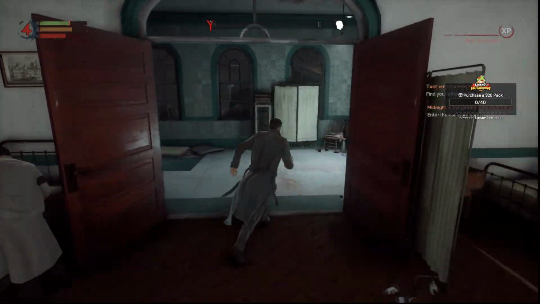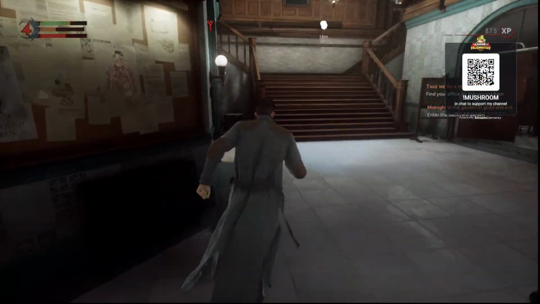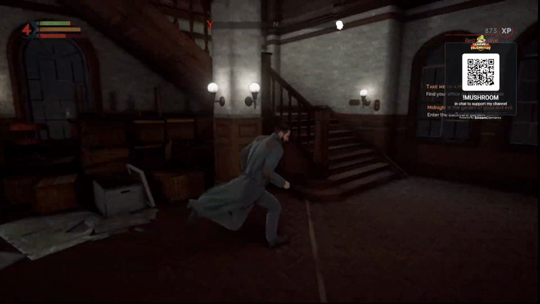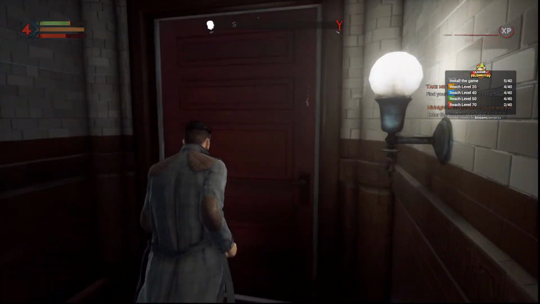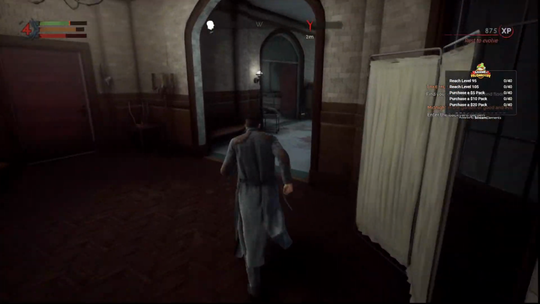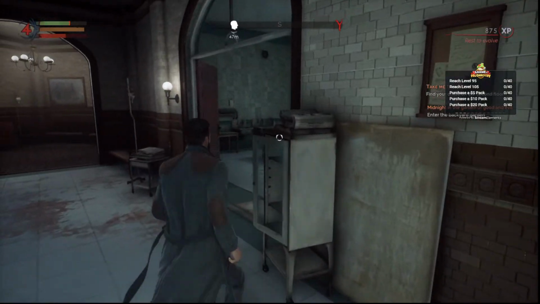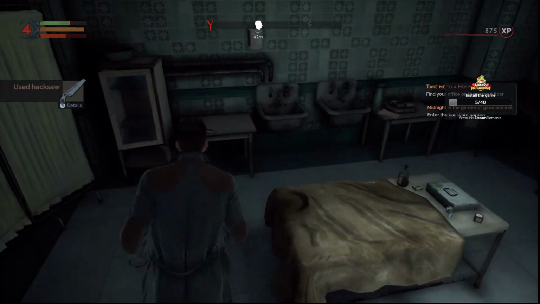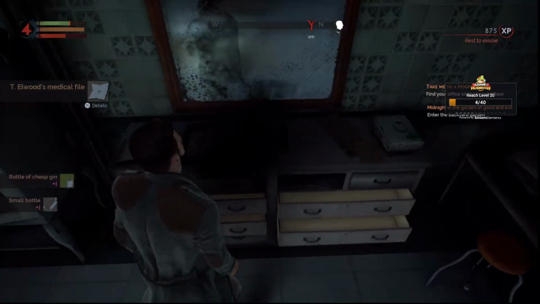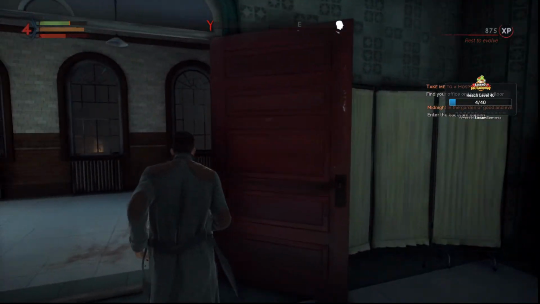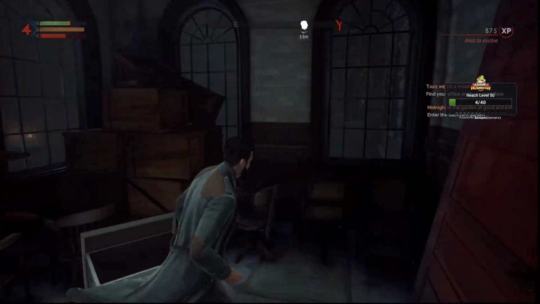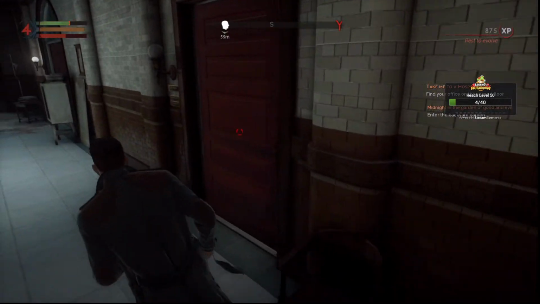As for me, ooh, second staircase. Use hacksaw. I cannot enter.